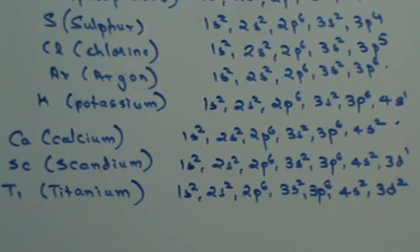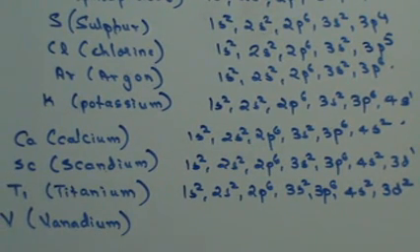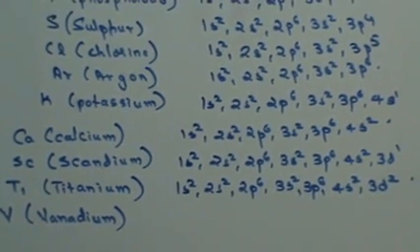Now till the time 3d does not get filled, you cannot move ahead. And d orbital will get filled only if there are 10 electrons in d orbital. Right? Let's see the next one. Vanadium. Someone please find out the electron configuration for vanadium.